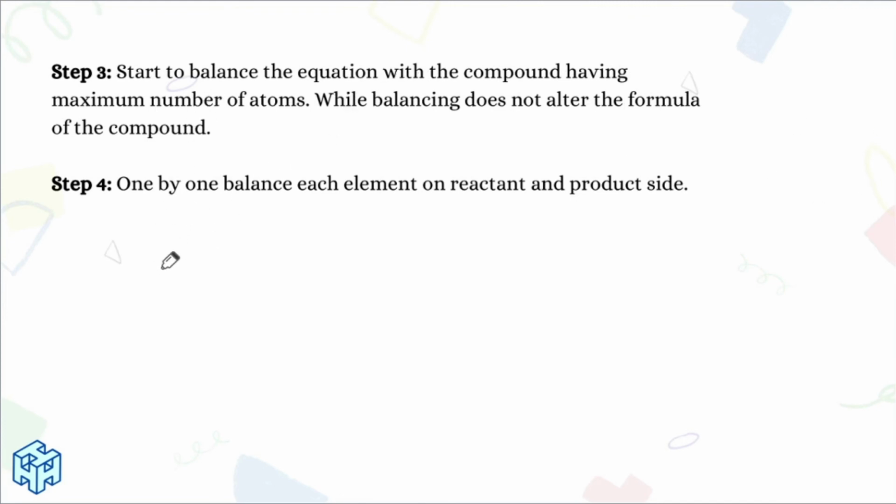Let me not take O2, it will again cause confusion, which is 1 in the LHS and which is 4 in RHS. How to make this 1 as 4? Just multiply by 4. Now what will be the equation we are getting?